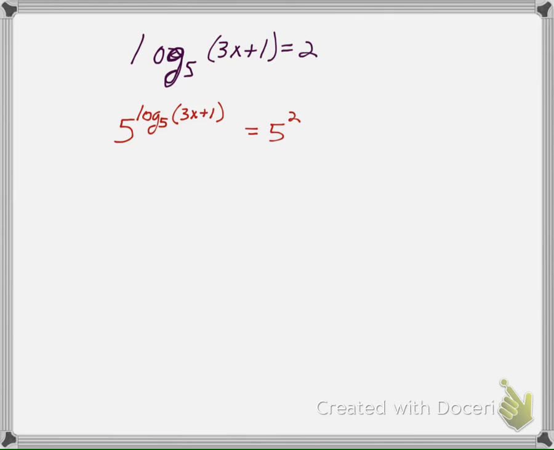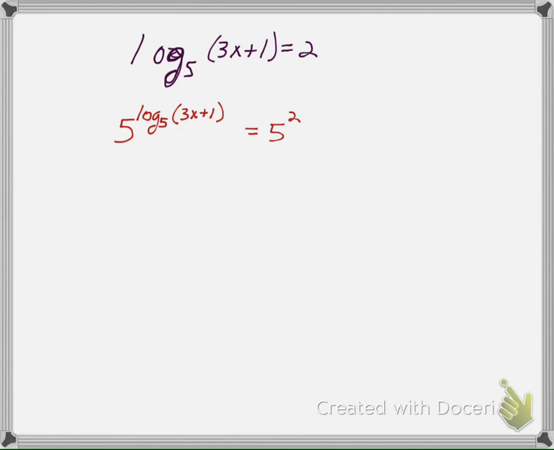This was a process we called exponentiating. It was a fancy word for just saying, hey, we're going to make both sides become exponents. Exponents of what? Exponents of a base that matches the base of our log. Because that first property we learned said the bases match up, they simplify.